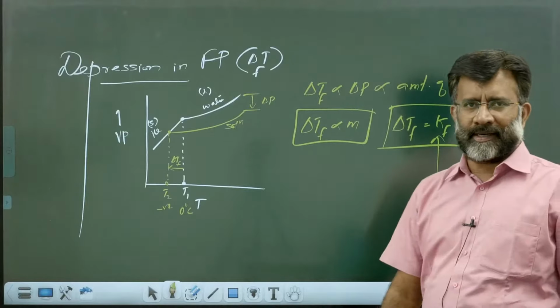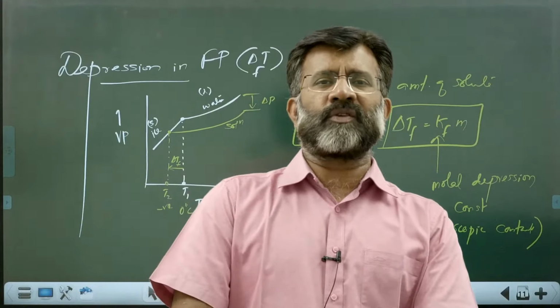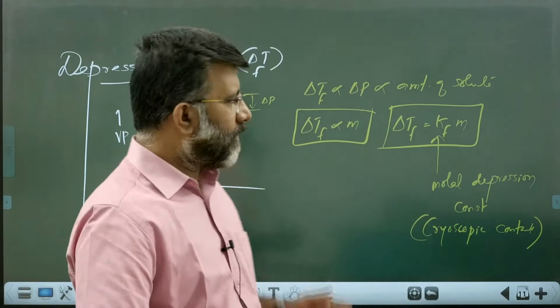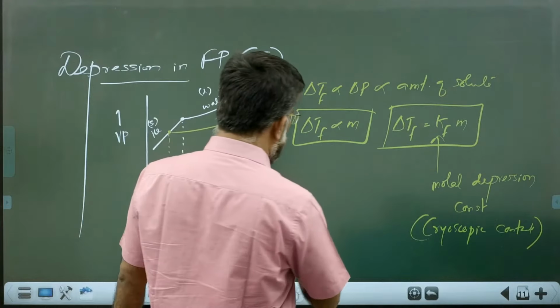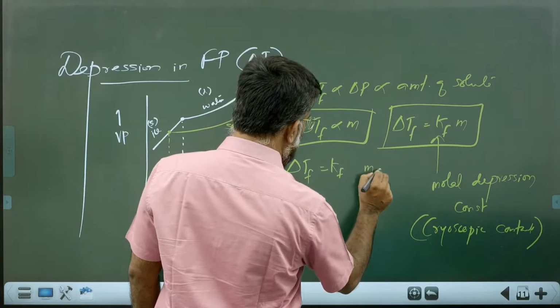The cryoscopic constant depends on the nature of the solvent. Different solvents have different Kf values, and it can be defined in the same way as we did earlier: delta TF is equal to Kf when m equals 1.